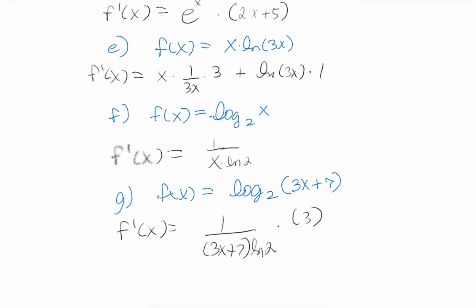So let me go over that one more time. It'd be 1 over that thing. You always tack on the natural log of your base times the derivative of the stuff inside. And if you want to make that prettier, fine, but I'm good with that.